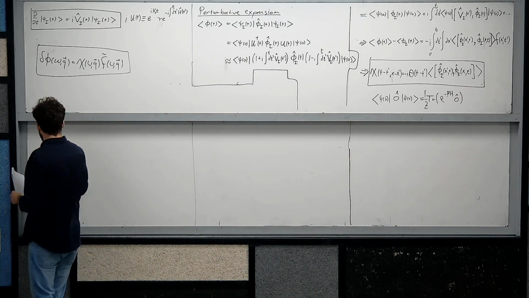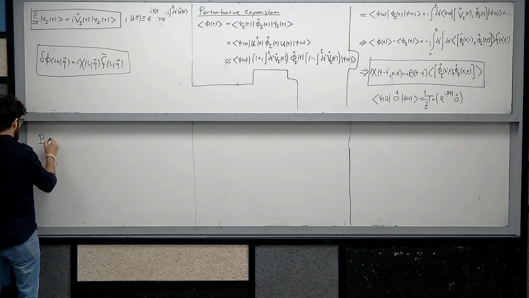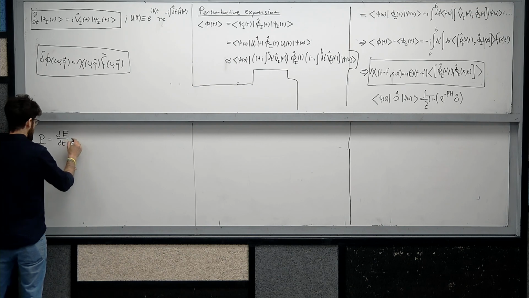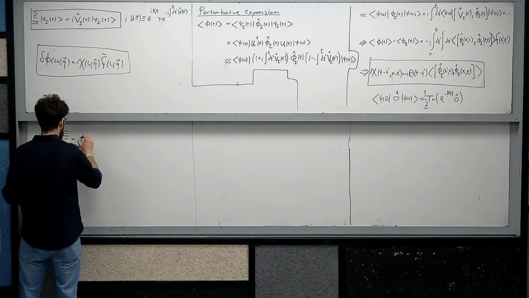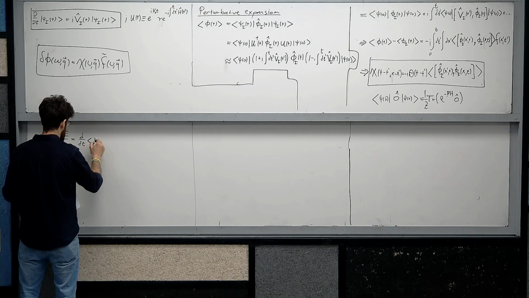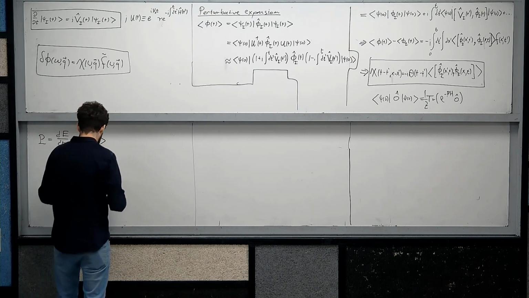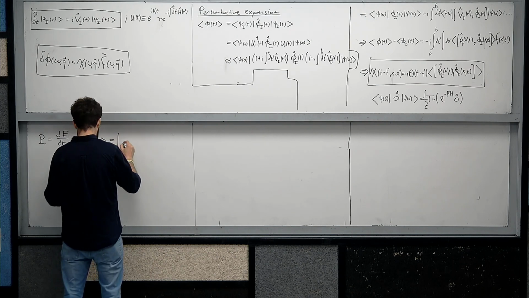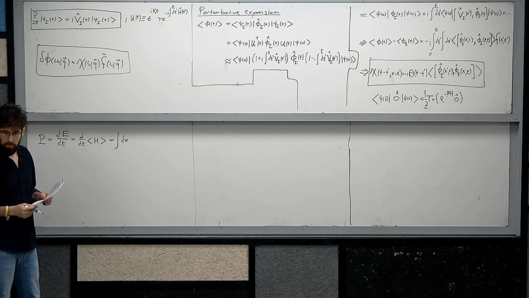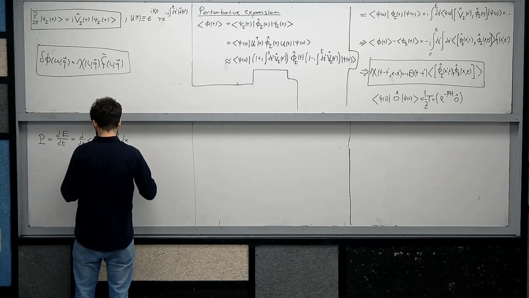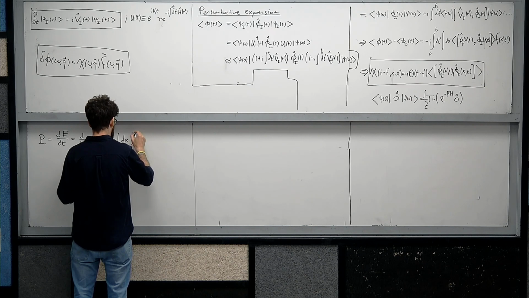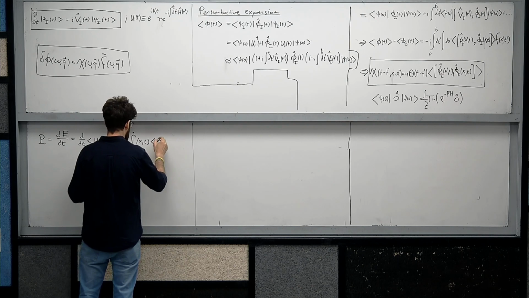So I want to say that the power P(t) is equal to d/dt of the expectation of H, and this is equal to the integral of x dot x(t) times phi.